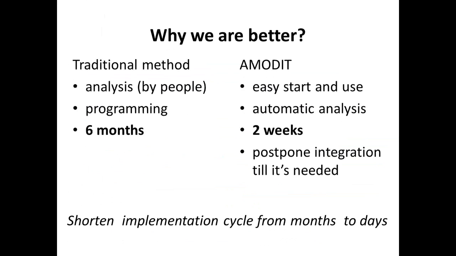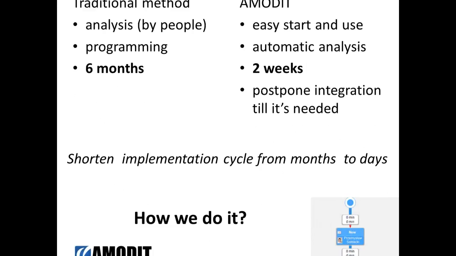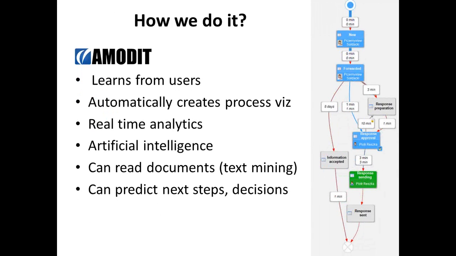So at the same time we do the process analysis, implementation, and training, because we meet to do some workshops, and we don't even write a document with the analysis. We just do it in the system because it's that easy. And after 2 weeks, it is possible to start using the system, and then make some more sophisticated things later when they are necessary. So how is it possible?